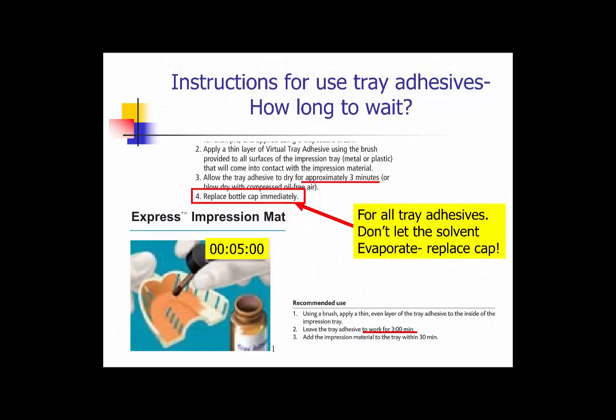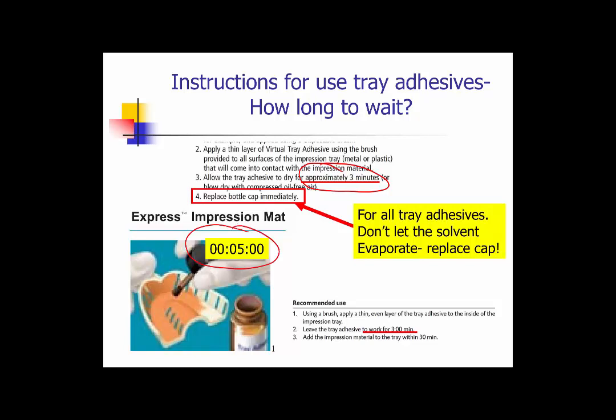And then the instructions for use for the adhesives, how long do you wait? Well, on some of the instructions it says wait approximately 3 minutes or blow dry with compressed air. But you must replace the bottle cap immediately. For Express, the impression material from 3M, they say 5 minutes.